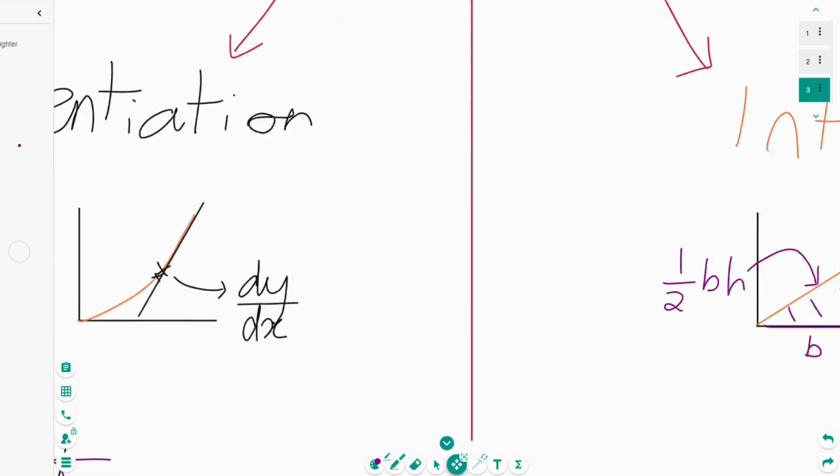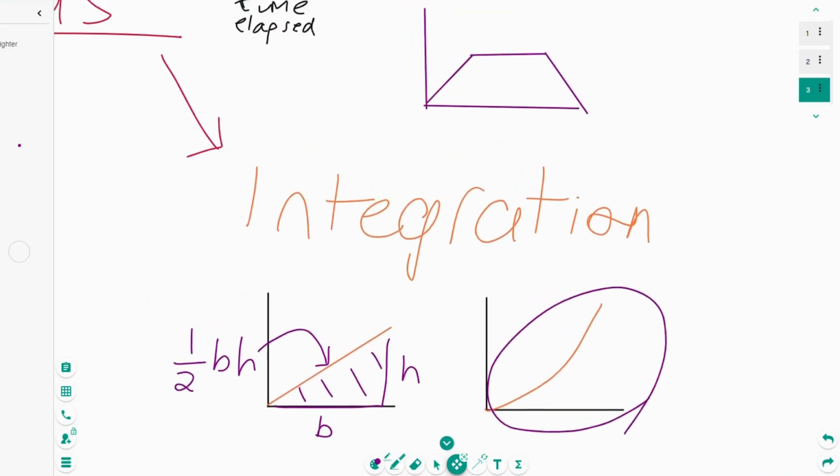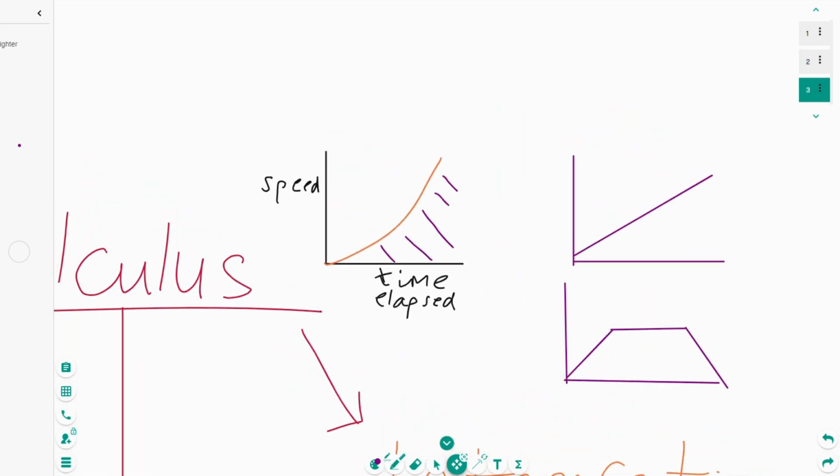And we use integration to find the area under the curve, which can be extremely useful, like if we're trying to measure the motion of a car, so we know the speed and the time elapsed of the car. We know that the area under the curve would be its distance. So integration helps us calculate that distance.